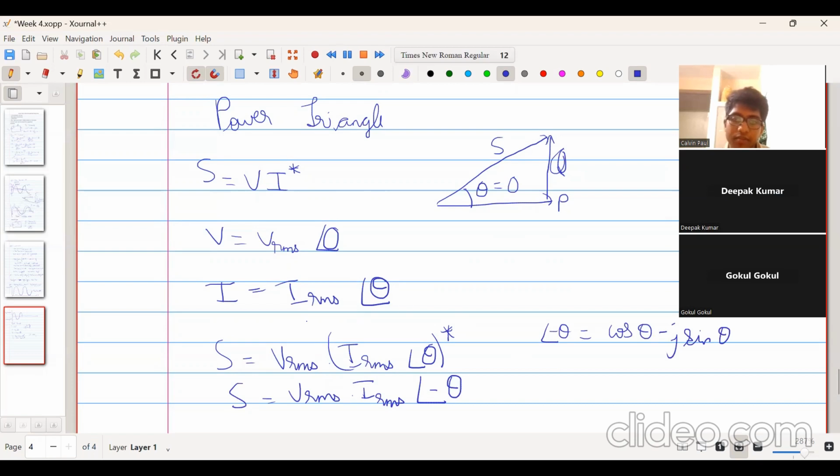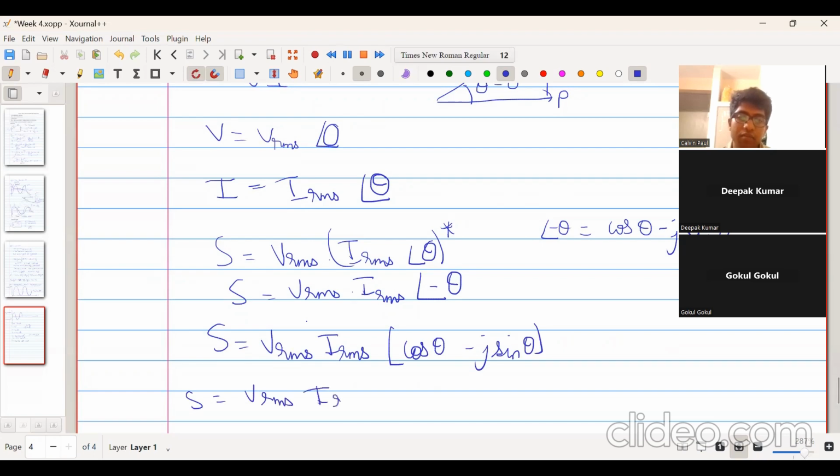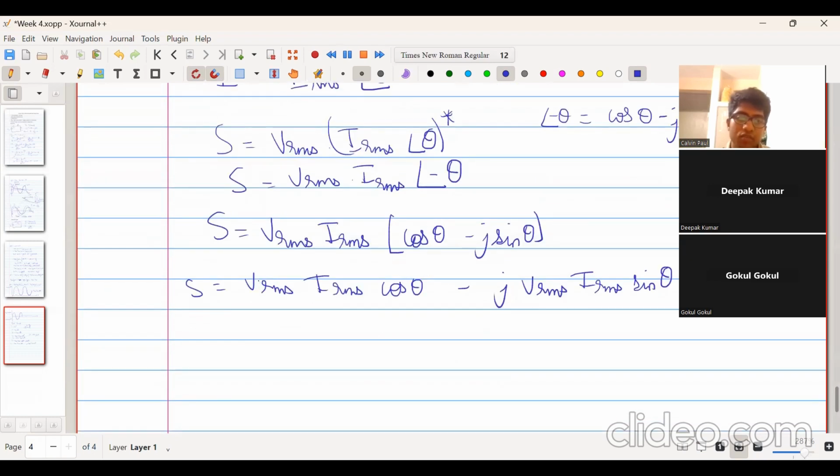That's why S will be equal to V RMS into I RMS into cos theta minus j sine theta. So S is equal to V RMS I RMS cos theta minus j into V RMS I RMS sine theta. So S will be equal to P minus jQ.